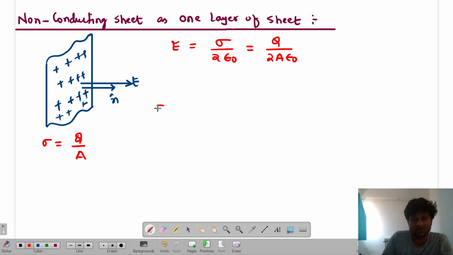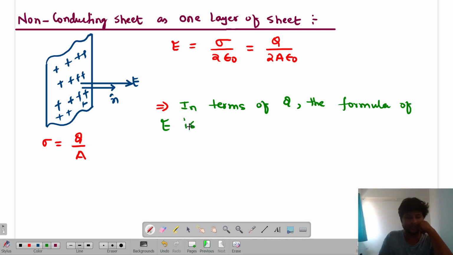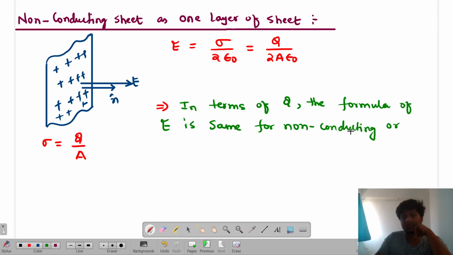So this is a very important point that in terms of Q, the formula of E is the same for non-conducting or conducting or one layer of charge.